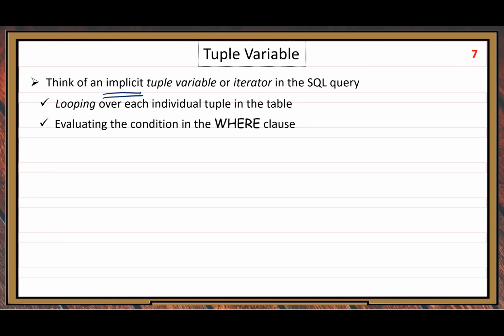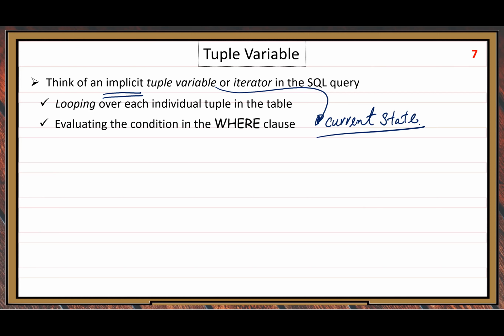Then evaluating the condition in the where clause. When you work on the current tuple, because you treat it as a variable, there is a current state, right? Current state of that variable.